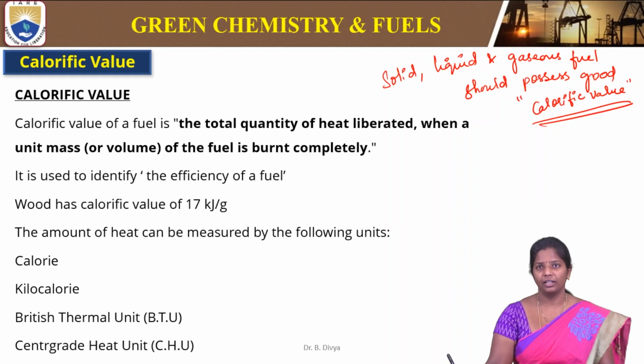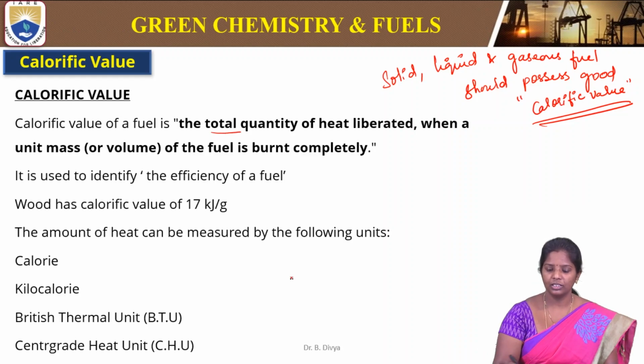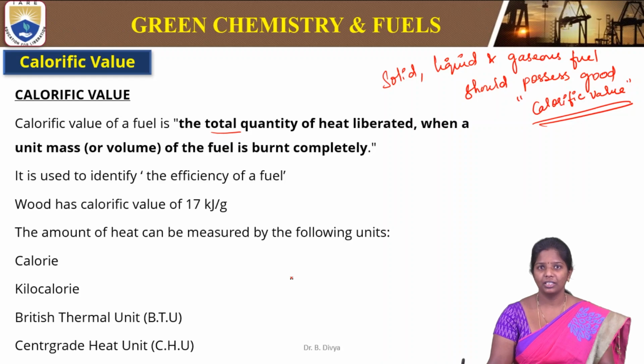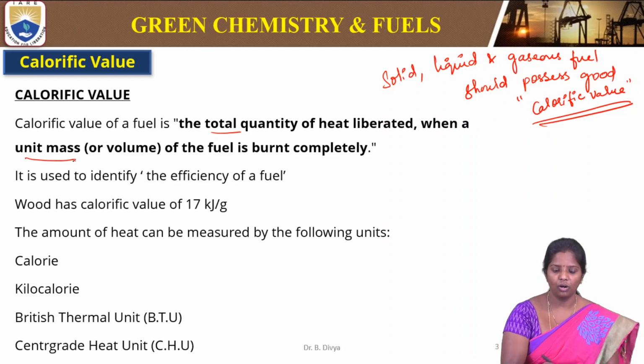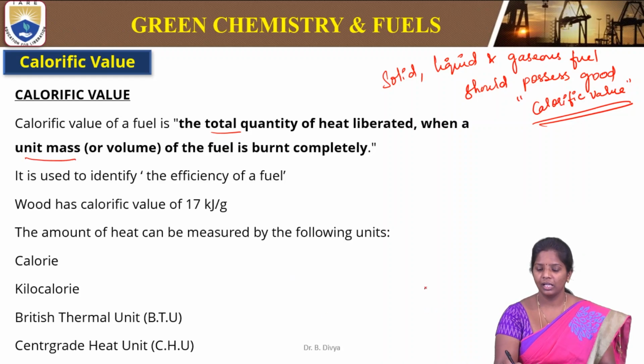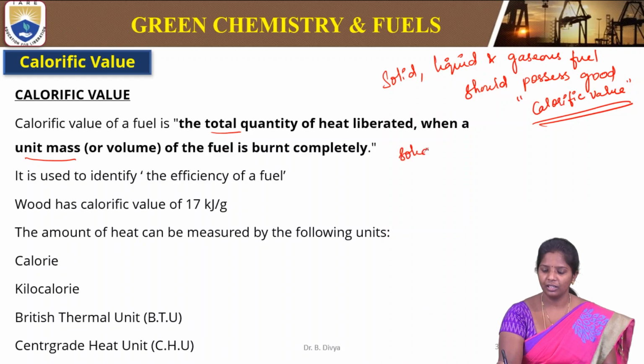So what does it really mean? It is the total quantity of heat liberated when a unit mass or volume of a fuel is burnt completely. Why are we saying mass? In the case of solids, we say unit mass, and in the case of liquids and gases, it is the volume we are considering.